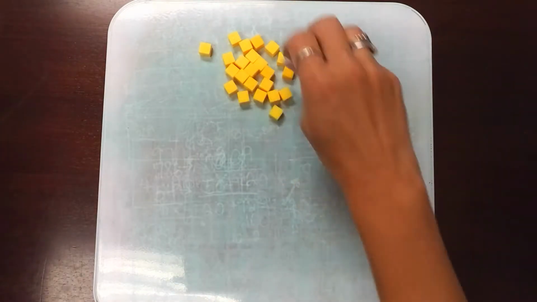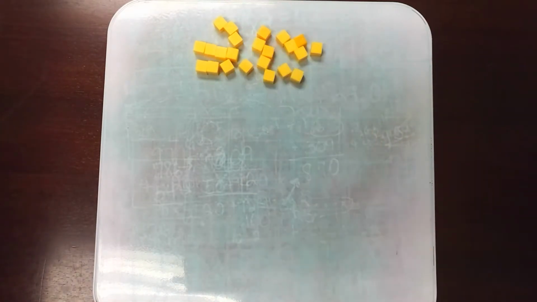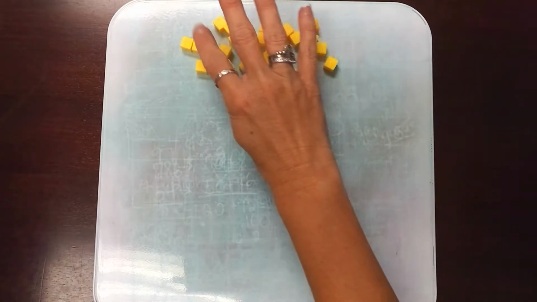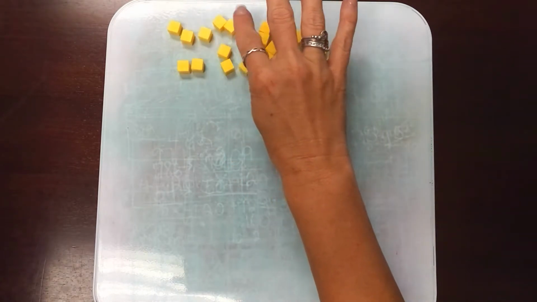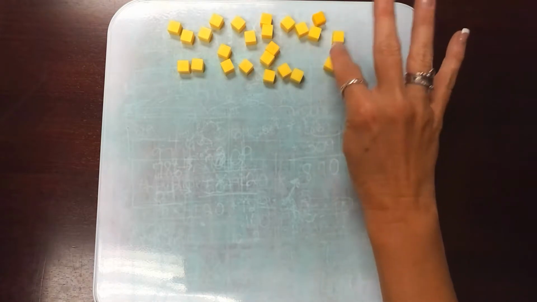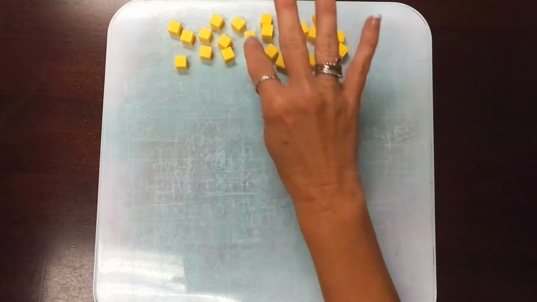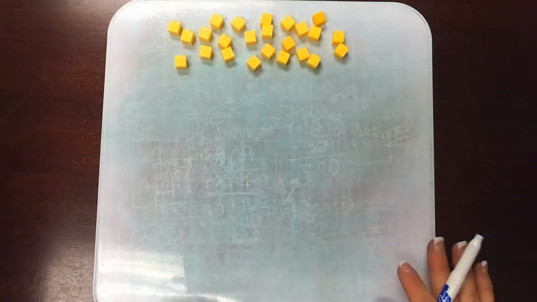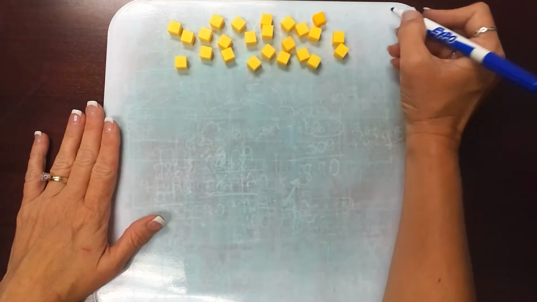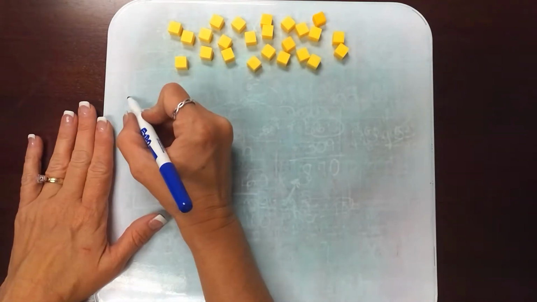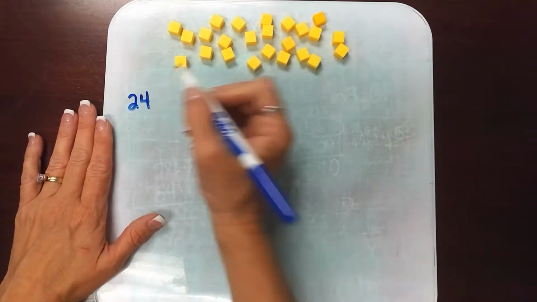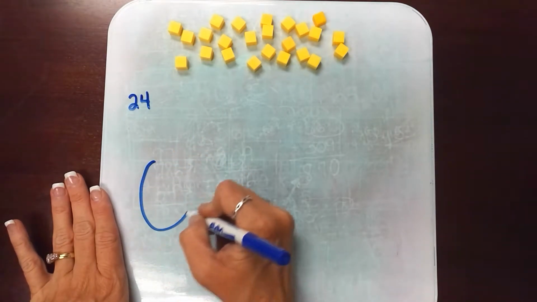So for instance, I may tell boys and girls, I was walking in the park the other day and I passed an apple tree and there were 24 apples on the ground. So I decided to pick them up, and I went home and I put the apples into 4 baskets. Okay, so boys and girls, how many apples did I have? I had 24. And I want to put them into 4 baskets.